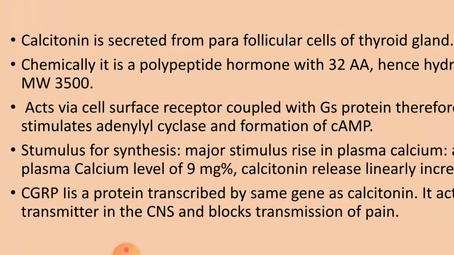Whenever the blood calcium level reaches more than 9 milligram percent, normal value you know 9 to 11 milligram percent, but when the blood calcium level exceeds 9 milligram percent, calcitonin starts to get secreted and it linearly increases with increasing blood calcium level, and it leads to different physiological activities which ultimately lead to reduction in the blood calcium level and maintain its normalcy.